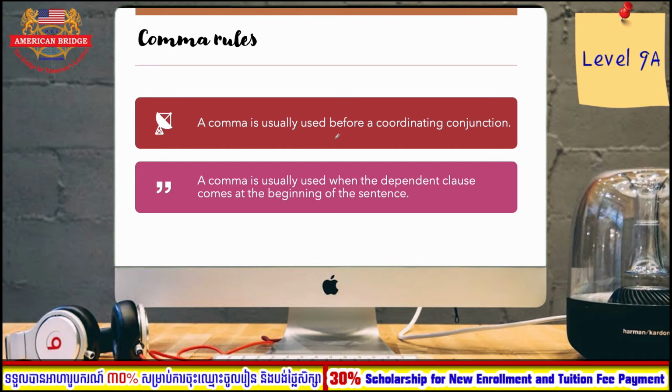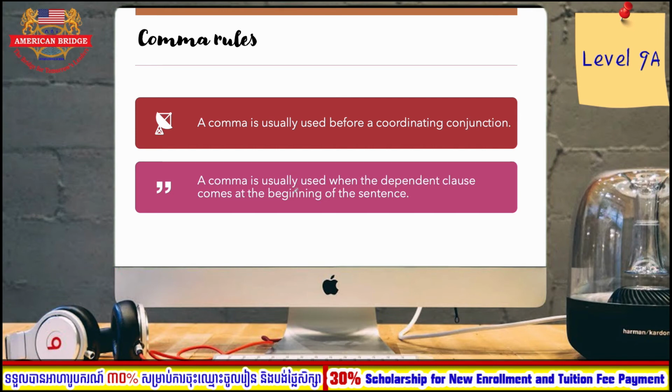If you link two sentences together, make sure to use a comma when you use coordinating conjunctions. However, if you are using a subordinating conjunction, for example the word because or although, there is a special case for the comma.